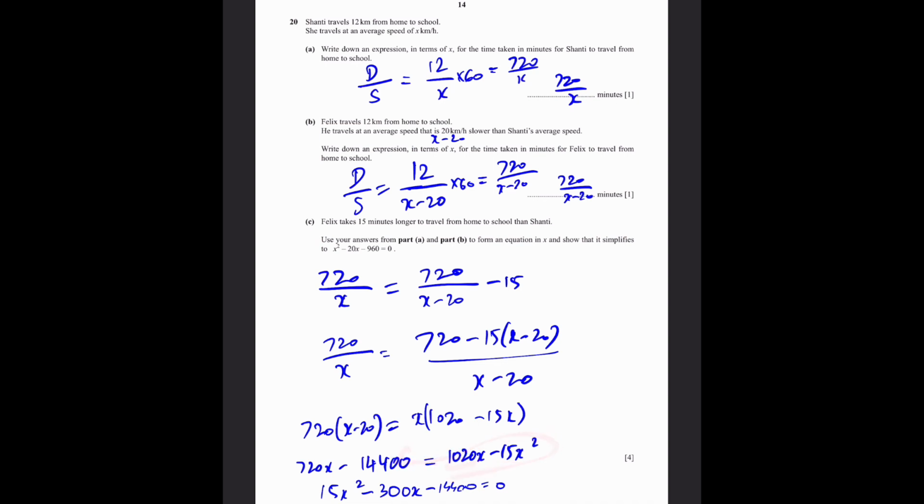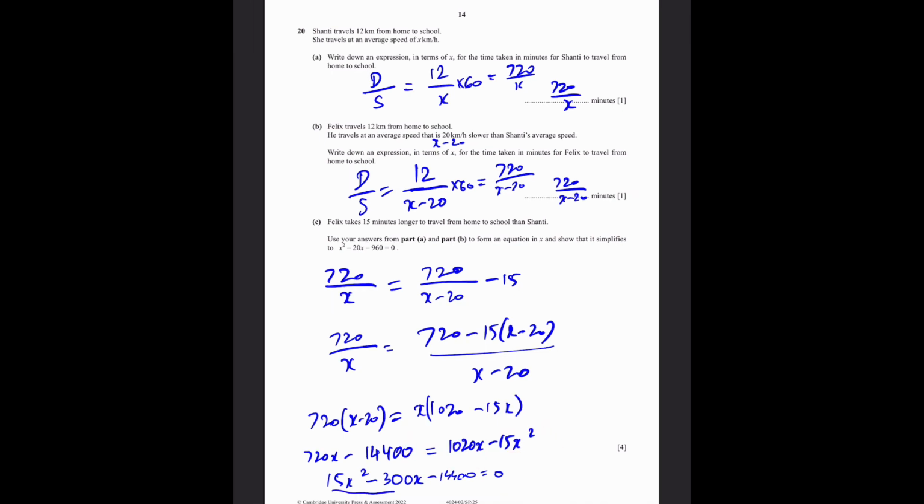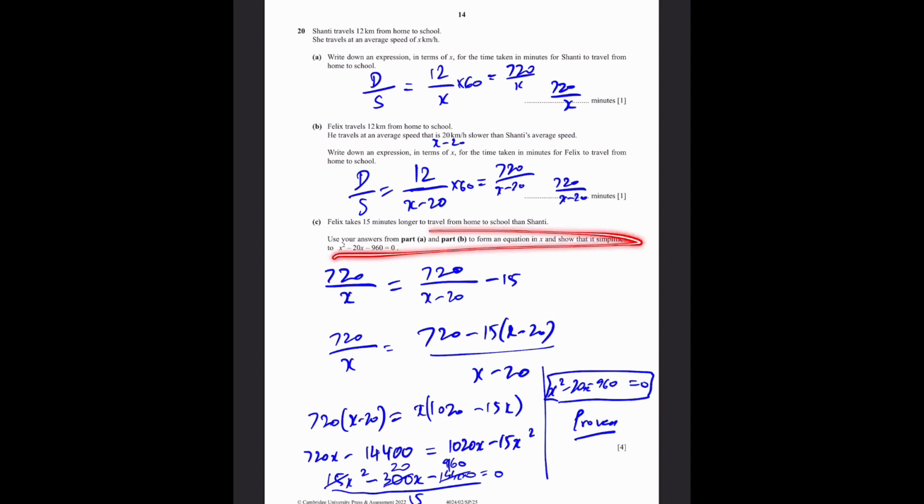And dividing the whole thing by 15, we'll cancel this, we get 20, and we get 960. Therefore, we can prove that x squared minus 20x minus 960 is equal to 0. That's the answer. Why is that the answer? Because it's just shown that it has to simplify to this.